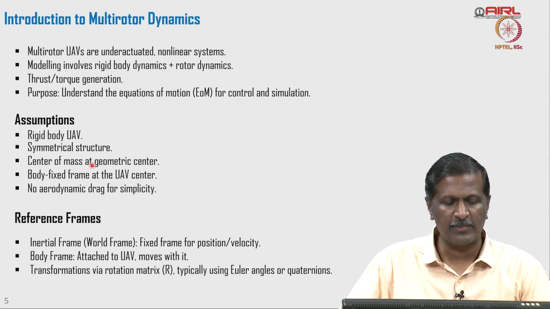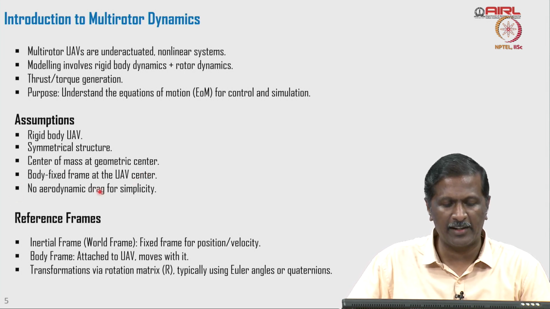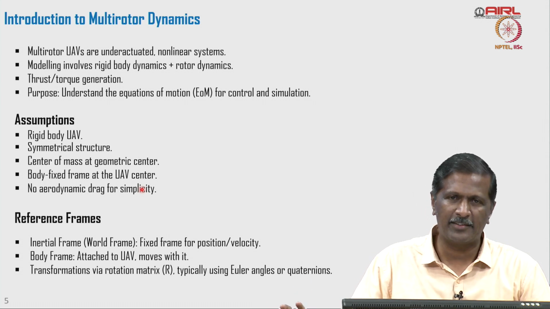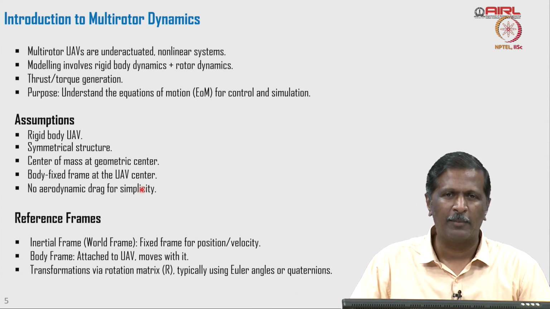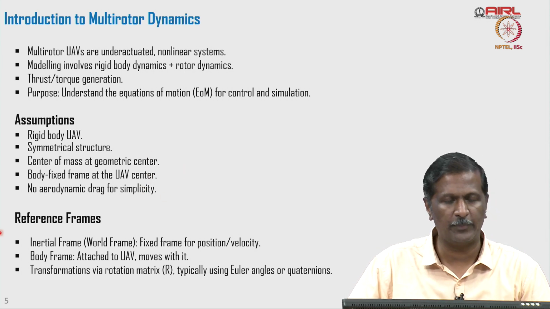The center of mass is at the geometric center of the vehicle. The body fixed frame is at the UAV center. No aerodynamic drag, for simplicity. When you are putting a payload, there will be a drag due to the flow, but we are assuming that is small and ignored. Okay, so that it is easy for us to derive the equation of motion.